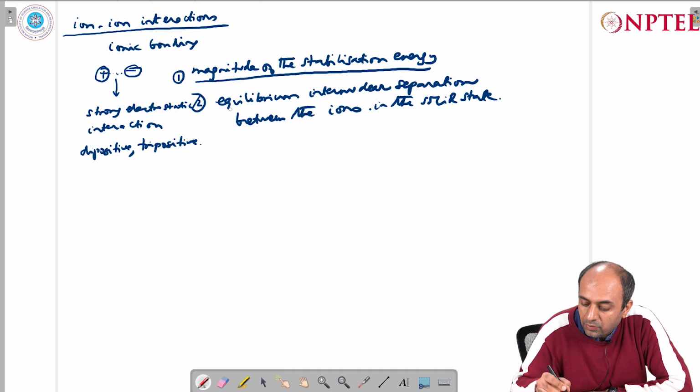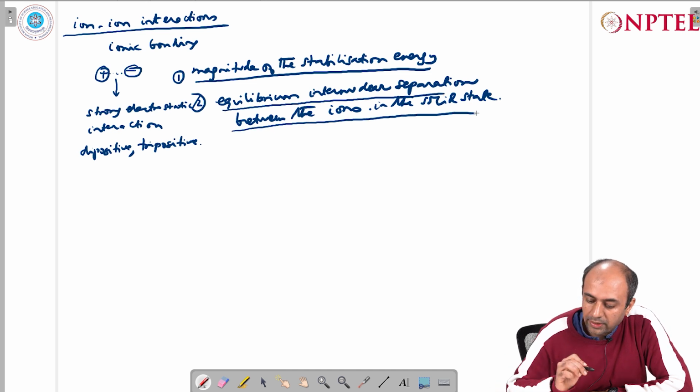So, it is important to see what is the equilibrium internuclear separation between the ions in the solid state.